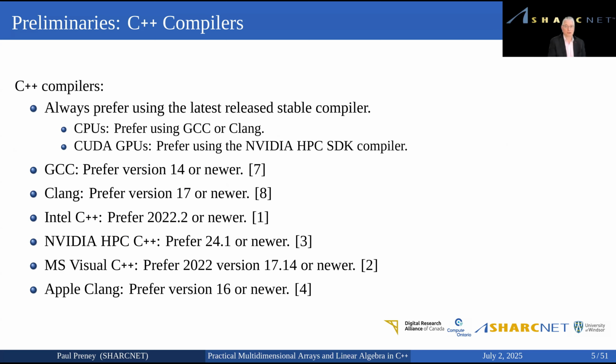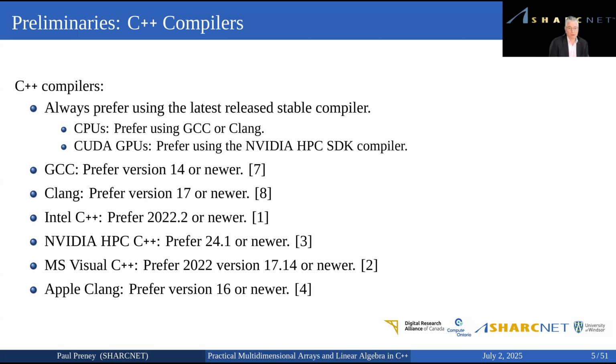Always prefer using the latest stable compiler you can. If you're using CPUs, use GCC or Clang. The Intel compiler you can use if you're using that on our clusters as well. I'd say prefer GCC and Clang because they are open source. If you're using GPUs and you're already doing CUDA stuff, great. You're probably going to prefer using the NVIDIA HPC SDK compiler, so NVC++.